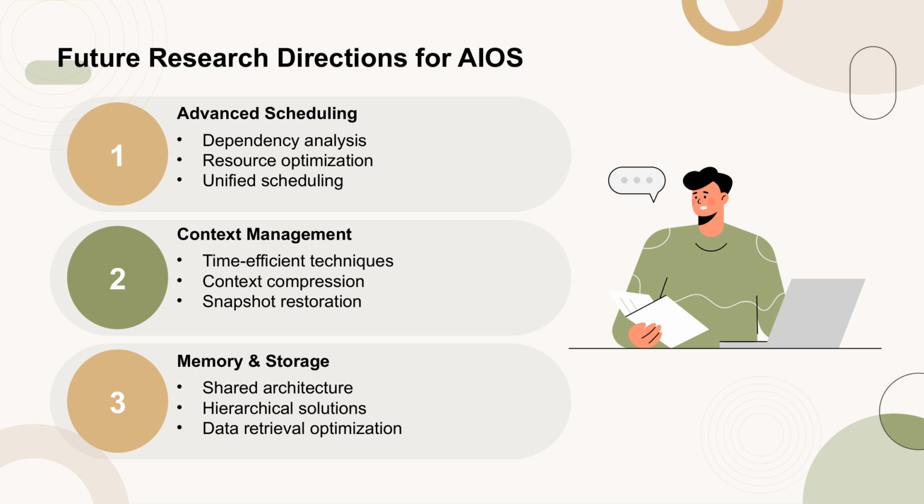In the area of context management, more efficient mechanisms will be devised to enhance user experience, such as time-efficient context management techniques and context compression prior to snapshotting. For memory and storage architecture, a shared approach will be adopted, enabling agents to access a communal pool of resources. This will improve decision-making abilities and explore hierarchical storage solutions to optimize data retrieval and storage efficiency.